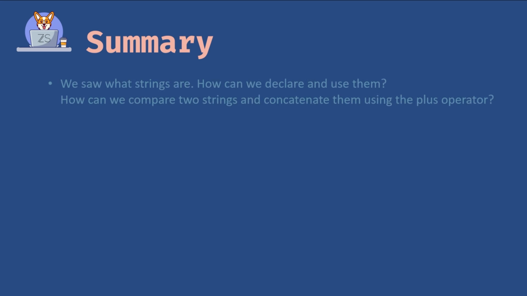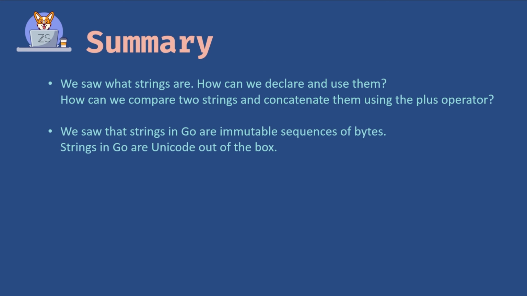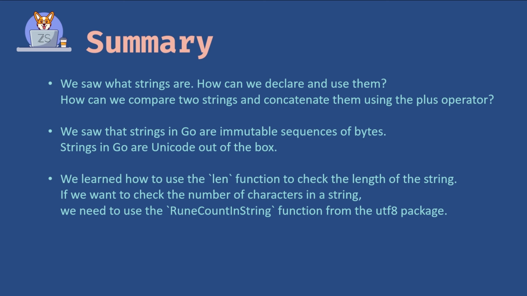In this video we saw what strings are, how we can declare and use them, how we can compare two strings and concatenate them using the plus operator. We saw that strings in Go are immutable sequences of bytes. Strings in Go are Unicode out of the box. We learned how to use the len function to check the length of the string.